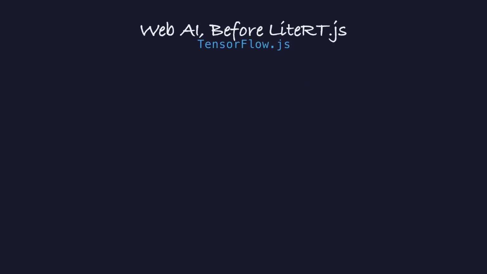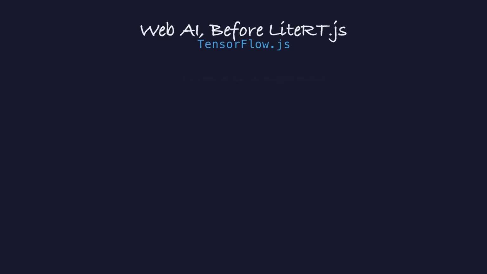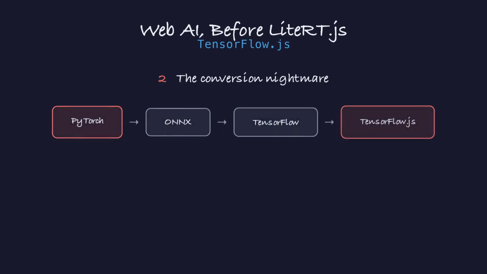TensorFlow.js was the go-to, and it works, but it had 3 pain points. 1. A performance ceiling. TensorFlow.js runs JavaScript-based kernels, not native code. You never get the full power of the GPU. 2. The conversion nightmare. Most modern models start in PyTorch.